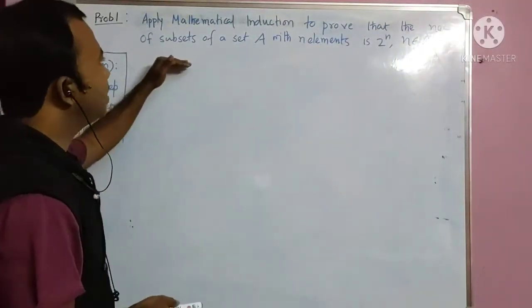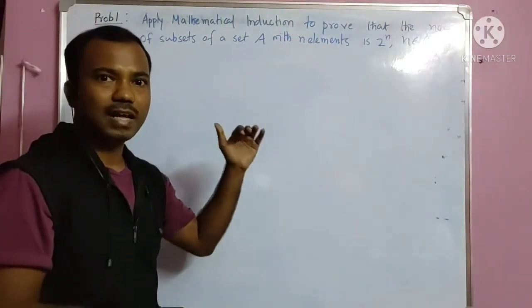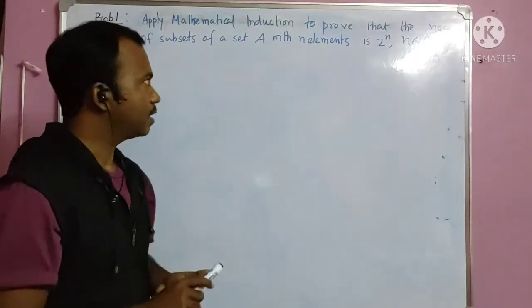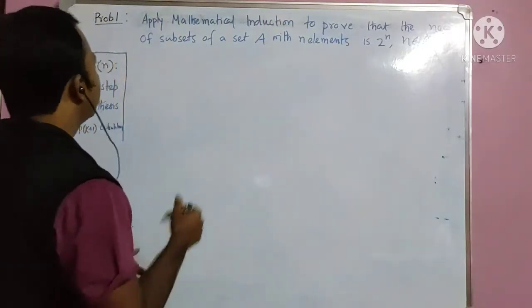Look, here P(n) is not given. I mean, there is P(n), but not in terms of n, unlike other problems. So what you have to do? First, you have to extract P(n) from here.